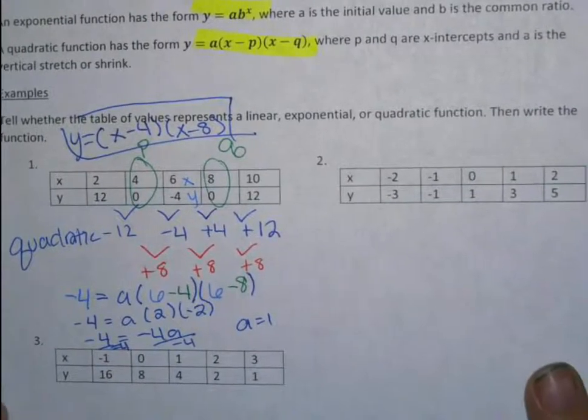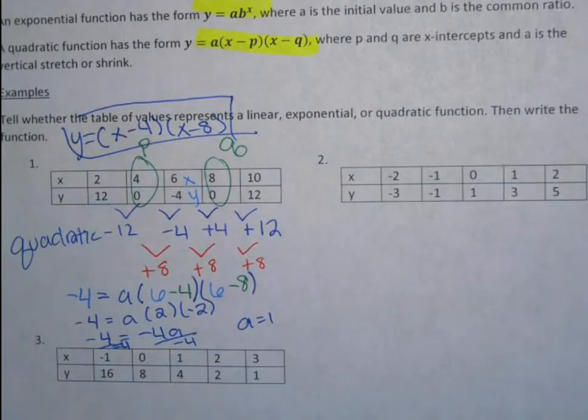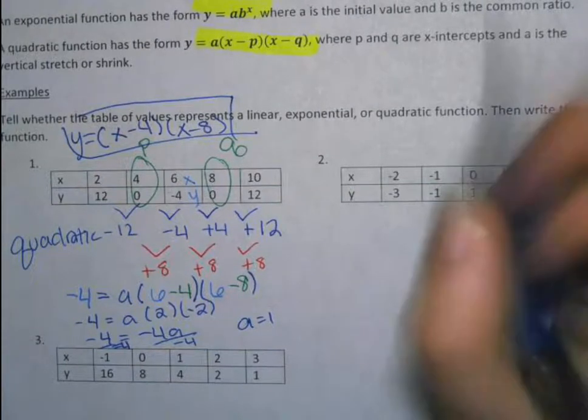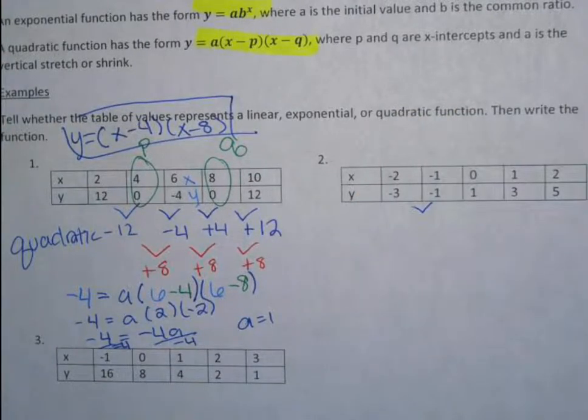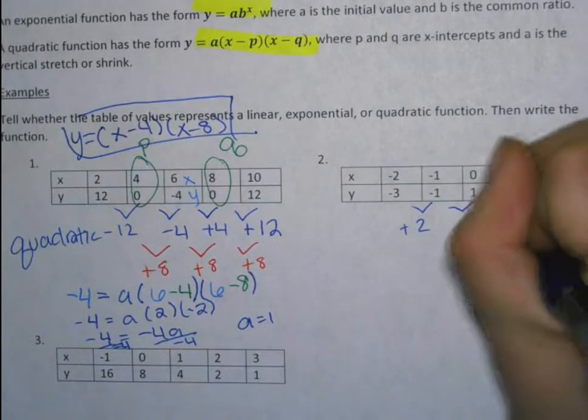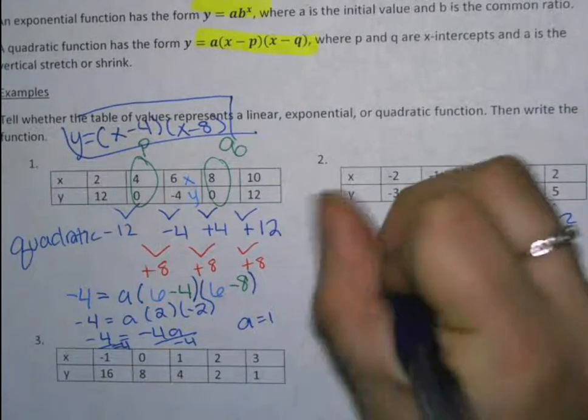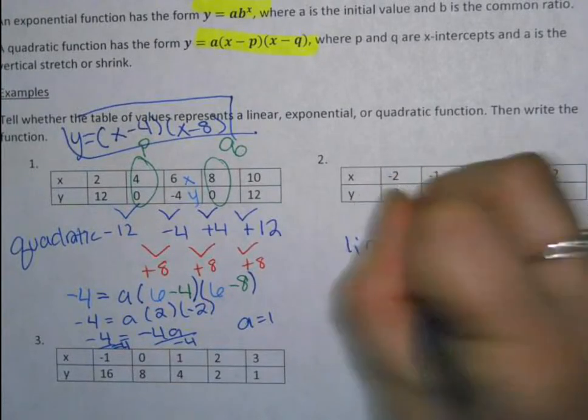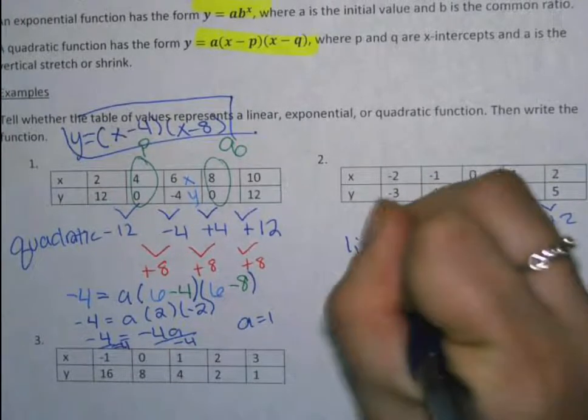So on number 2, I want to take a look at it. What kind of pattern does this one have? What kind of pattern does number 2 have? A linear, but what's the change in the numbers? Add 2. So then to write this equation, remember it's in the y equals mx plus b form.